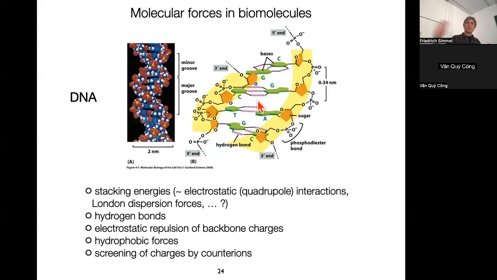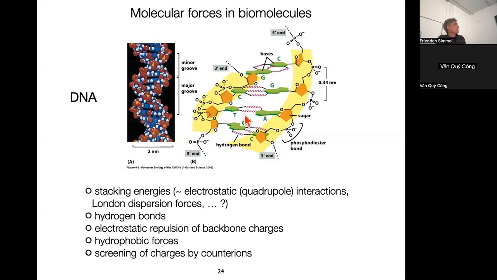Otherwise, it will reject one of the bases when it is about to be incorporated during polymerization. So therefore, this plays a role in checking or making the binding specific.